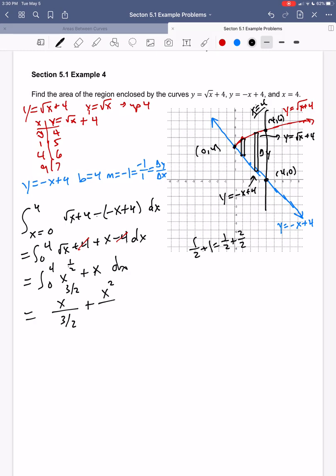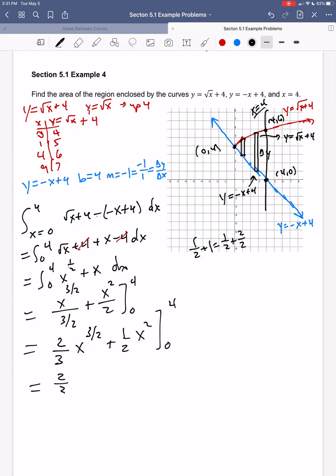X to the 2, divide by 2, from 0 to 4. When I divide by a fraction, that's multiplying by the reciprocal. So 2/3 x to the 3/2 plus 1/2 x squared, evaluated from 0 to 4.